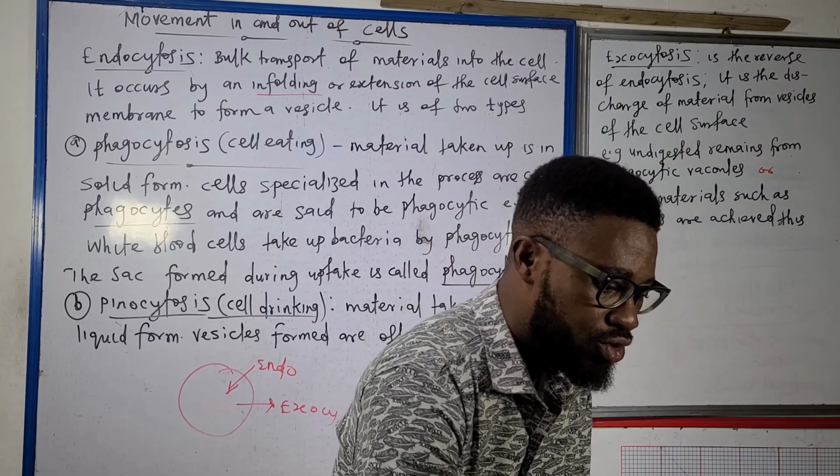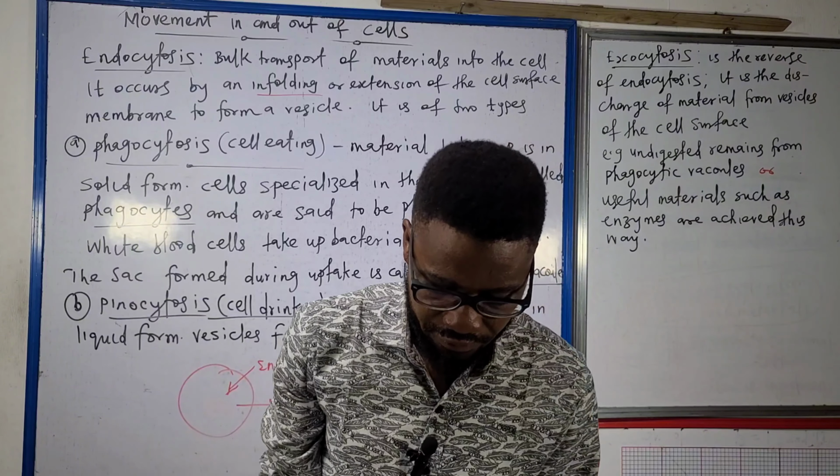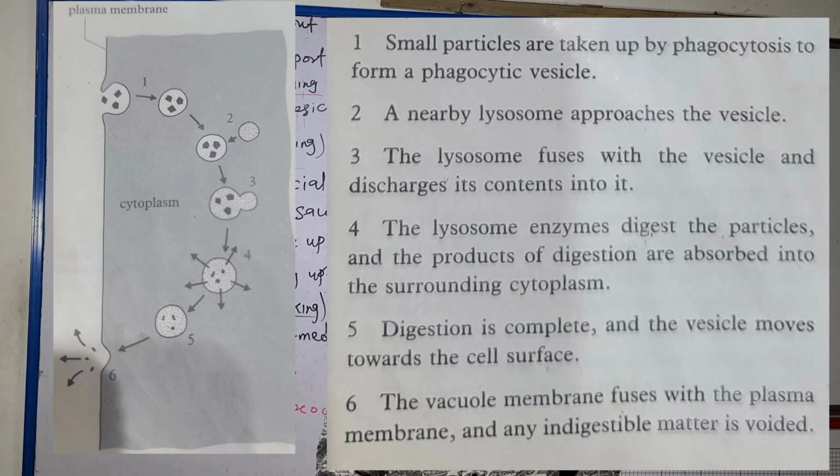Also, look at these other diagrams still on phagocytosis. Look at this other diagram. You can see how this happens. In a 6-step process, first, small particles are taken up by phagocytosis to form phagocytic vesicles.